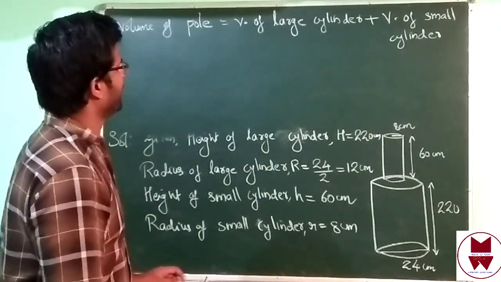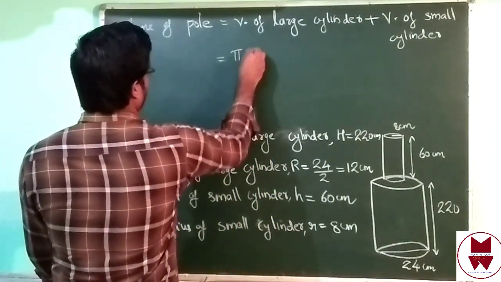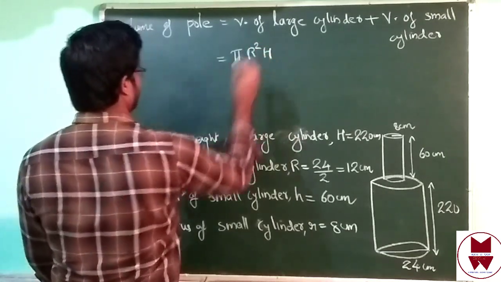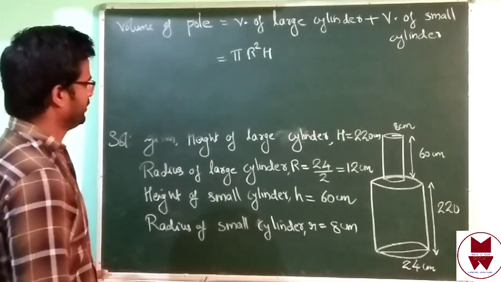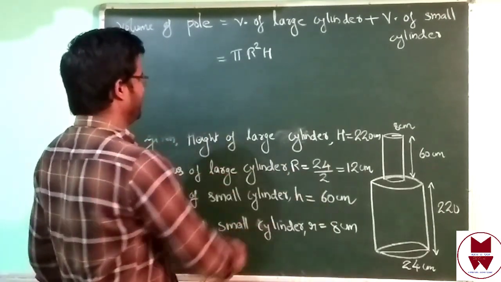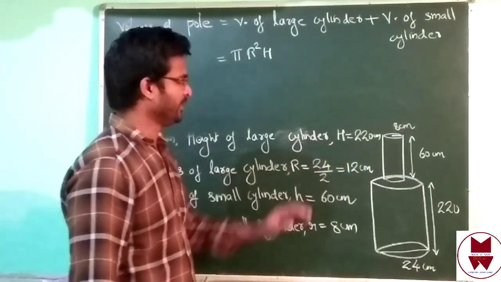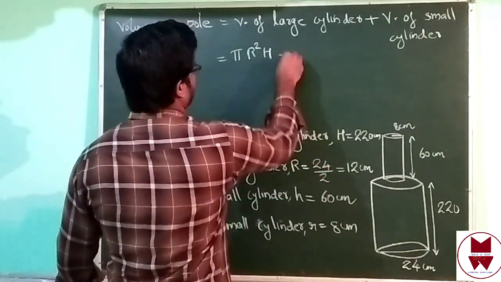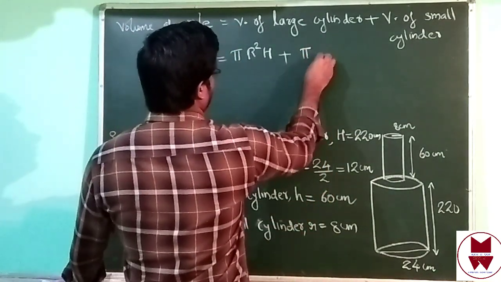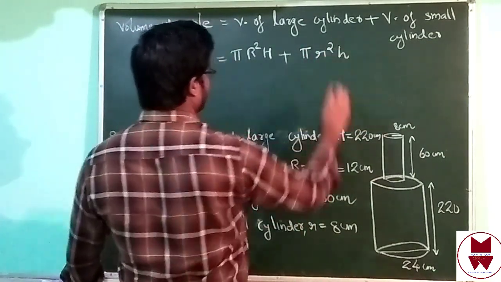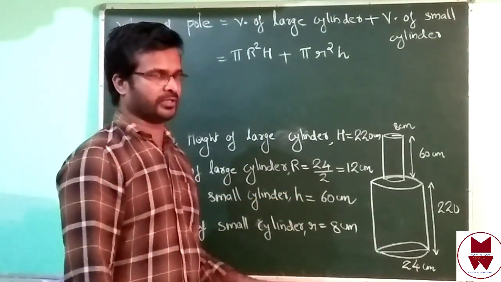Then volume of large cylinder. The volume of a cylinder formula is pi r square h. Use all capital letters, that means capital R and capital H, because for the large cylinder we took capital R and capital H. Plus volume of small cylinder, same formula, but you have to use small letters, because for the radius and height we took small r and small h.